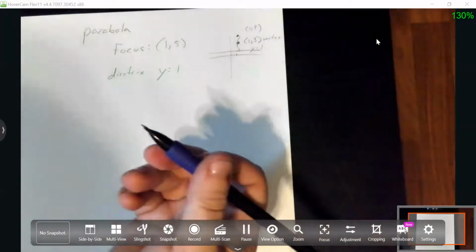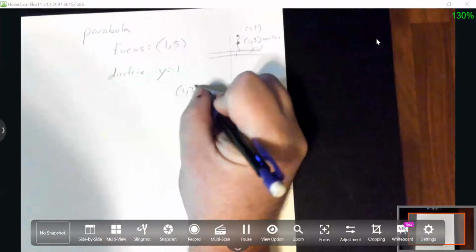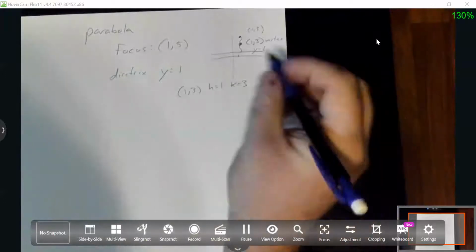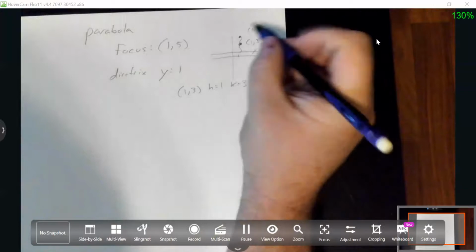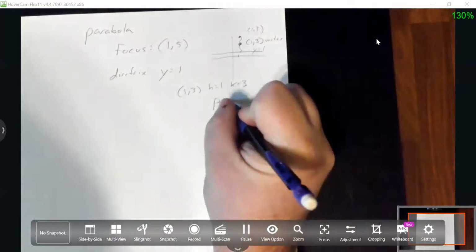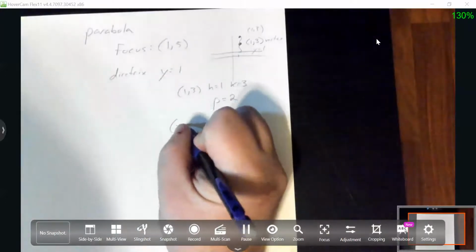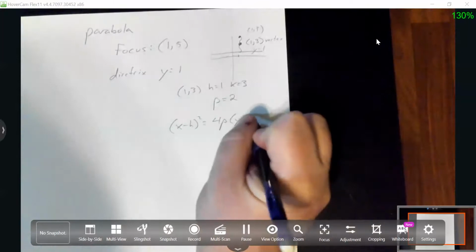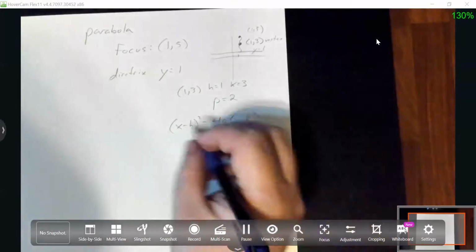Now that I know the vertex of 1, 3, that tells me that h has to equal 1, k has to equal 3. And now I know that the distance between the vertex and the focus is 2. So p has to equal 2. So I can go to my equation. My x minus h squared has to equal 4p times y minus k. And I can plug in all of our information.